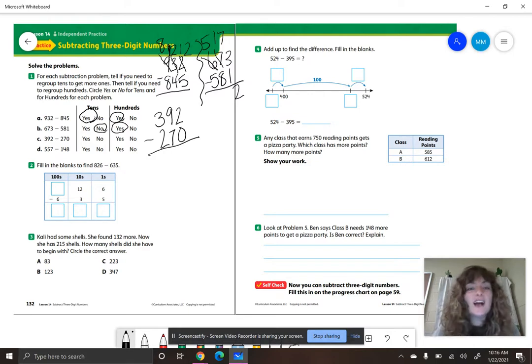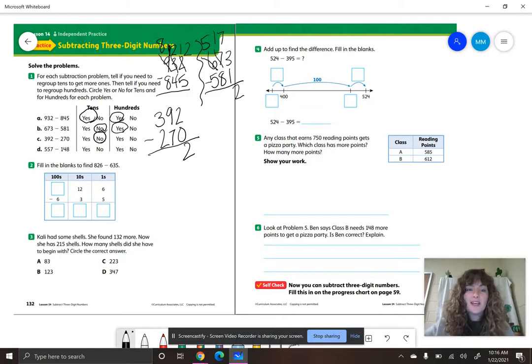I cannot look at my part to take away from, right? So when I am subtracting, I always start by looking at my whole, that number on top, that big number. So if I have 2 ones, can I take away 0? Yeah, so 2 minus 0 is 2. Did we have to regroup in the tens? No, we did not have to exchange a 10 for 10 ones.